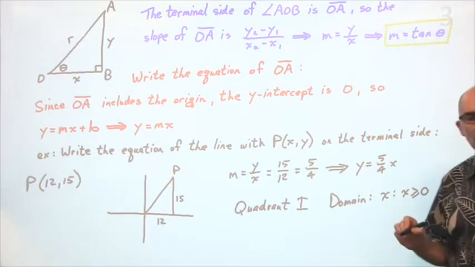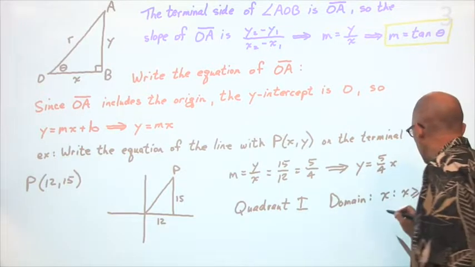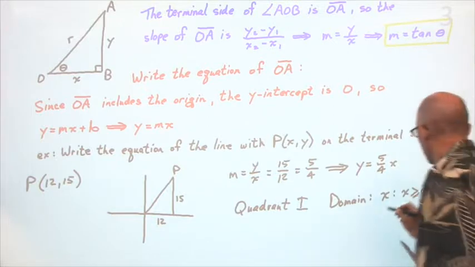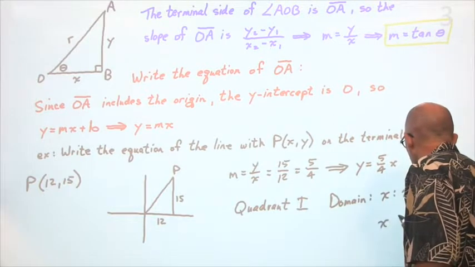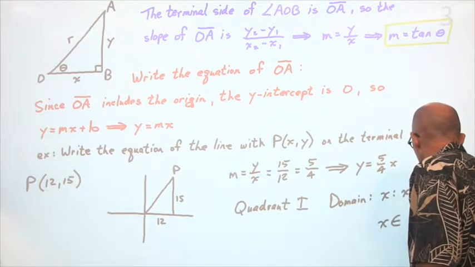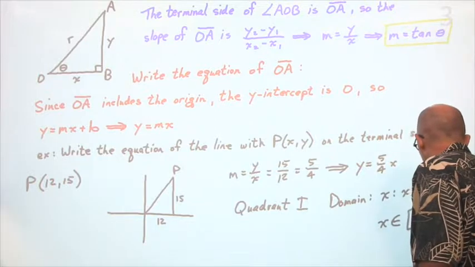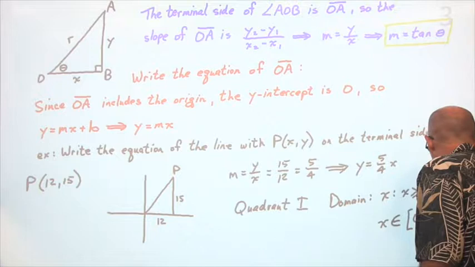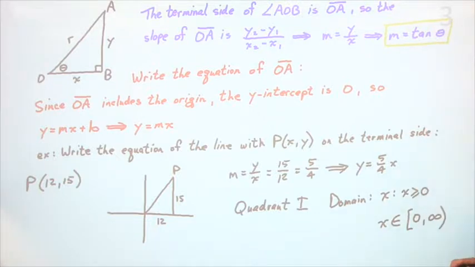In your book, the way it writes it is x is an element of 0 to infinity. Now, this symbol is an element of.